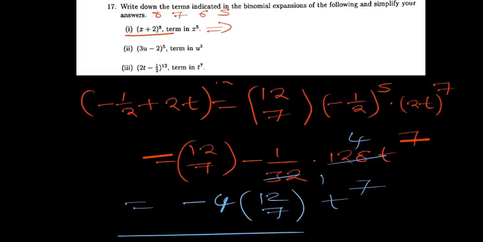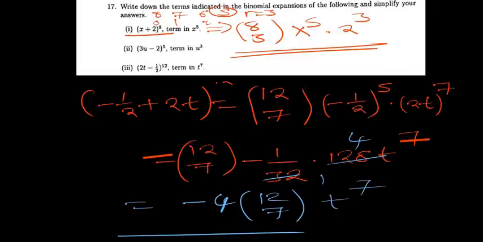So it will be on the fourth term where r is equal to 3, since you start from 0: 0, 1, 2, and 3. That would mean you have 8 choose 3, x to the power 5, 2 to the power 3. If you simplify this, it will give you the same result that we found in the first place.